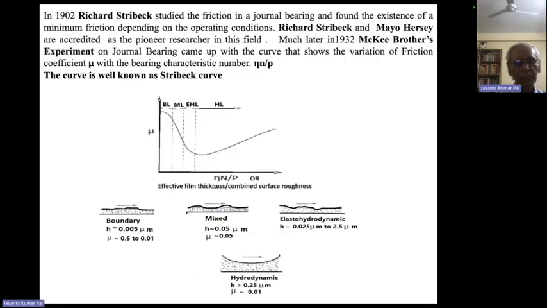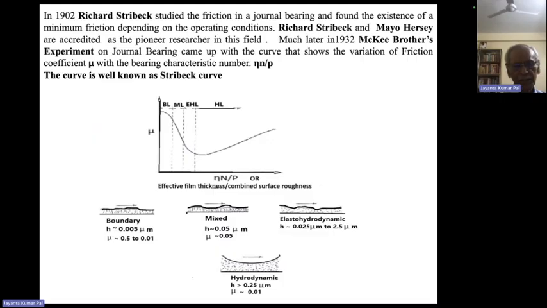Now, let us look at this curve carefully. It is a curve between coefficient of friction mu and eta N by p, which is a non-dimensional parameter, and as I said earlier, is often known as the bearing characteristics number.